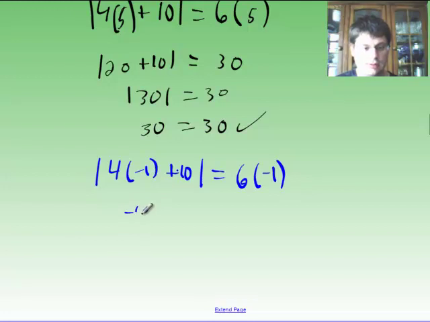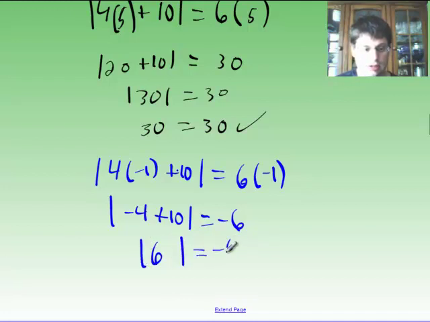So I evaluate the left side here, so that's going to give me 4 times negative 1 is negative 4, plus 10 is equal to negative 6, and we're left with the absolute value of 6 is equal to negative 6.